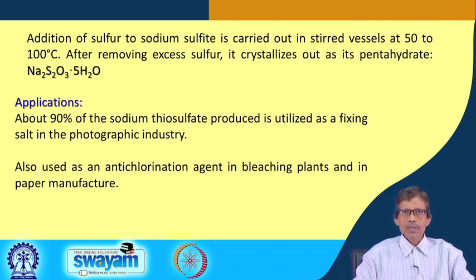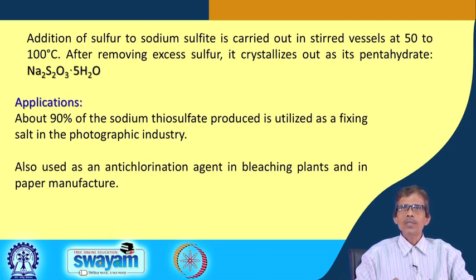So, the same knowledge of how we use this thiosulfate for the removal of silver bromide. That means, the solubilization of the silver bromide crystals by sodium thiosulfate due to the complexation reaction between the silver ions and the thiosulfate anions, giving you the corresponding thiosulfate complexes of silver ions.